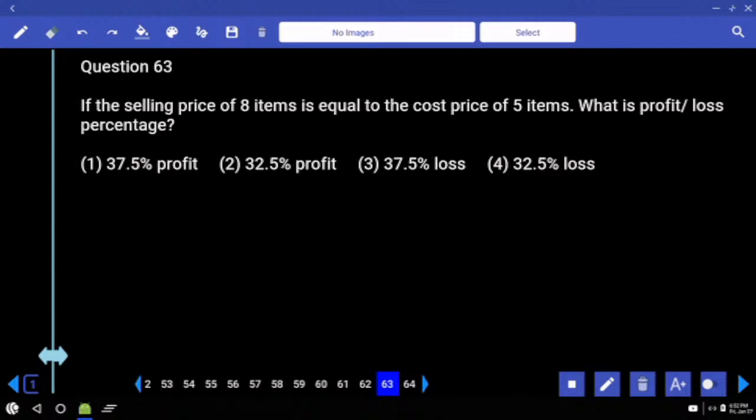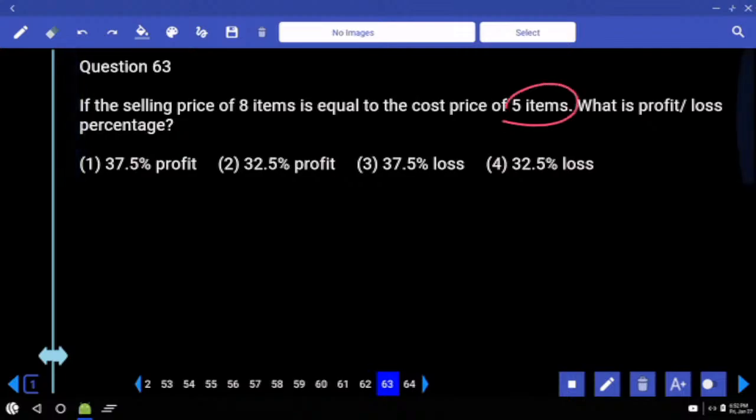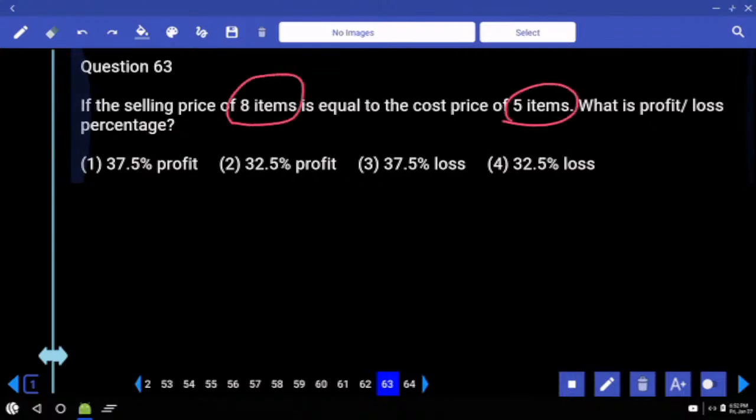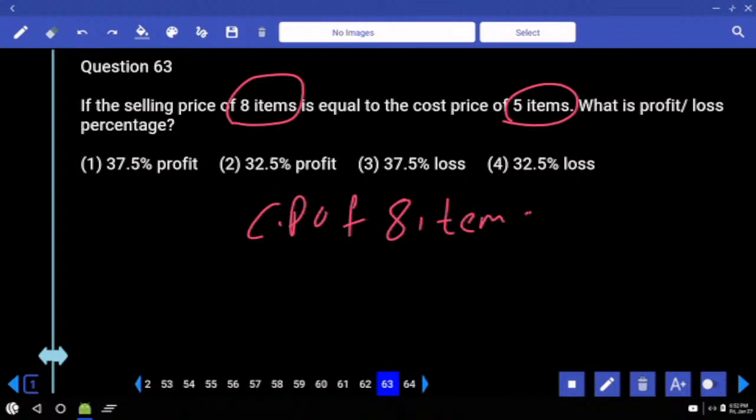Suppose he's saying cost price of 5 items is selling price of 8 items. Yes or no? I am assuming that cost price of 1 item is ₹1. Now since he is talking about 8 items here, what is the cost price of 8 items? ₹8. Yes or no?